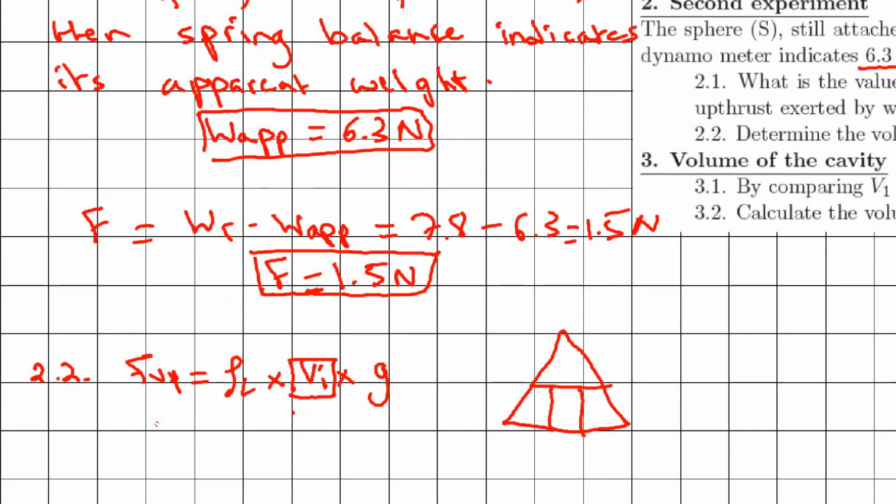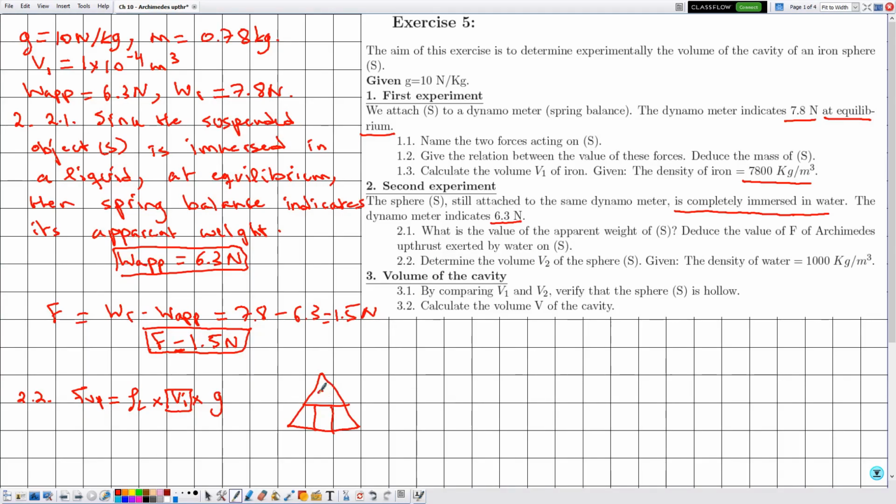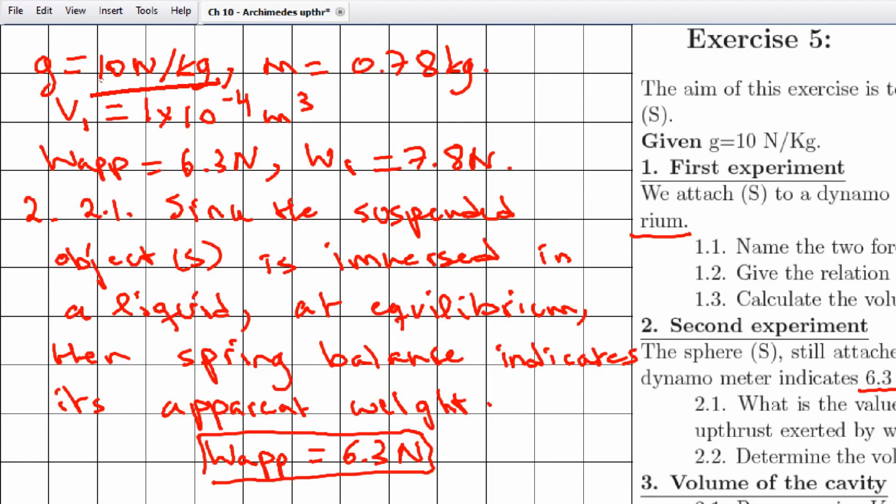because we have multiplication, F upthrust will be at the top, and rho L, Vi and g at the bottom. So putting our hand over Vi, it is given by the value of F upthrust, which is denoted by F, divided by the density of the liquid, which is water, let's denote it by rho L, multiplied by g, which is given to be 10 newtons per kilogram.